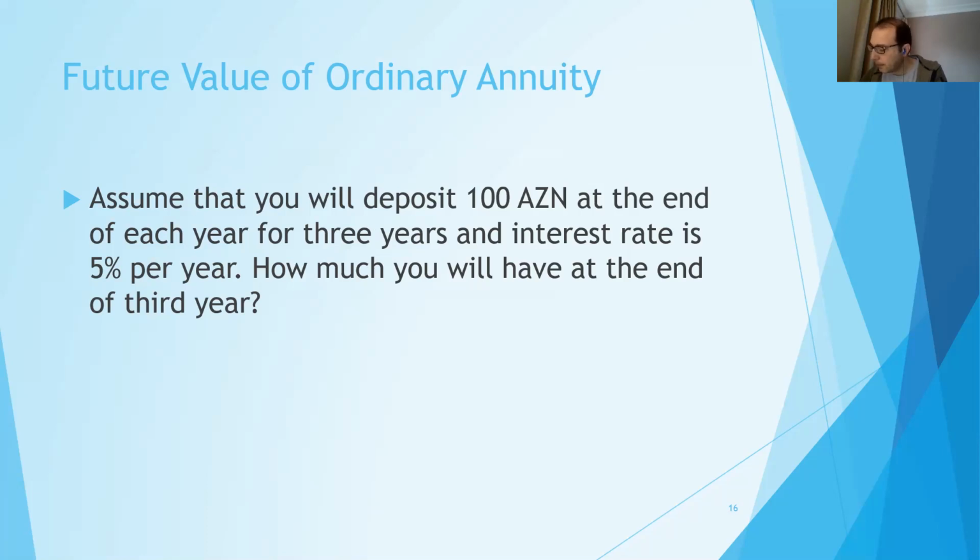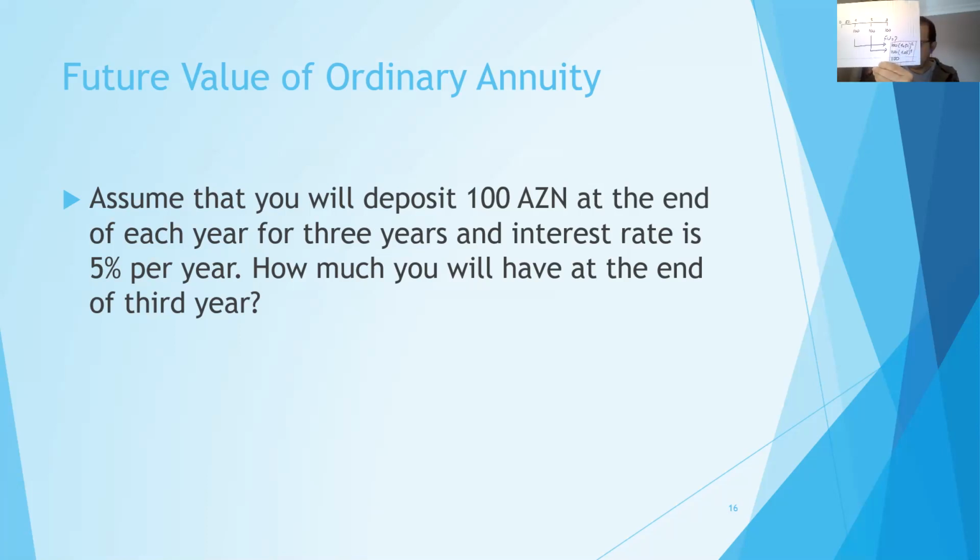100 plus 5% for how many? 1, 2 years. The second one is 100 for 1 year, and the last one, the future value is already 100. So the red boxes, right?